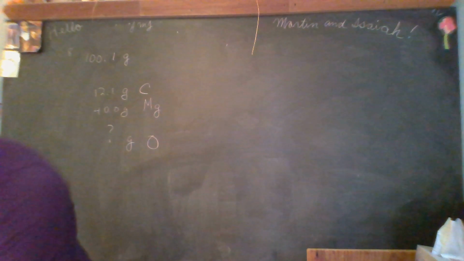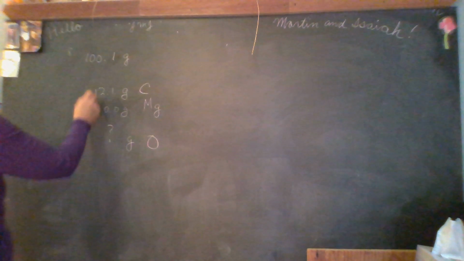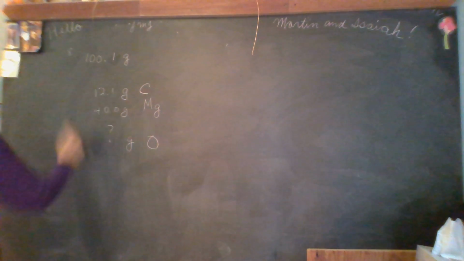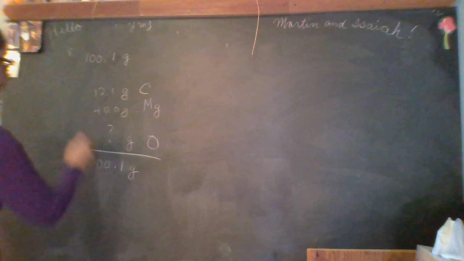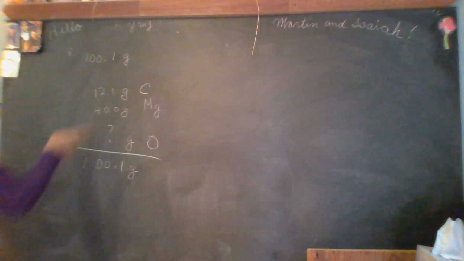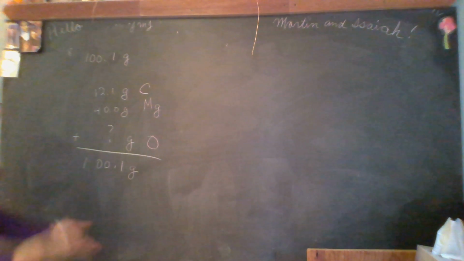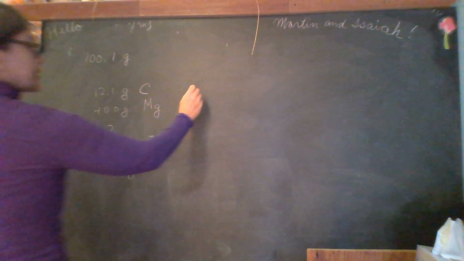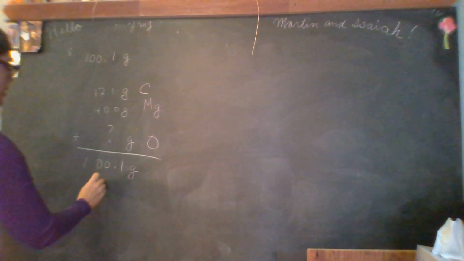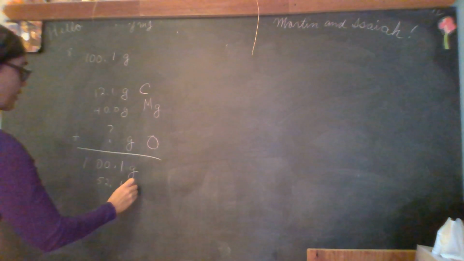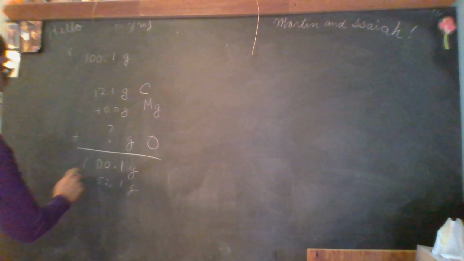So for this, we're going to apply the law of mass conservation. So this plus this plus this will equal 100.1. We take these two numbers, add them up, and subtract them from this. 12.1 plus 40.0 is 52.1 grams, and with our rules of precision for adding, that's the way we express it.